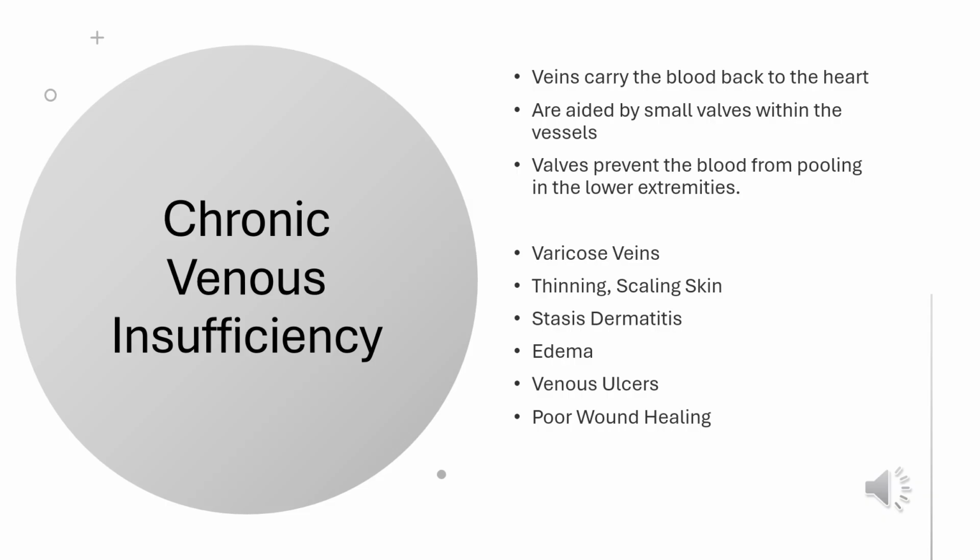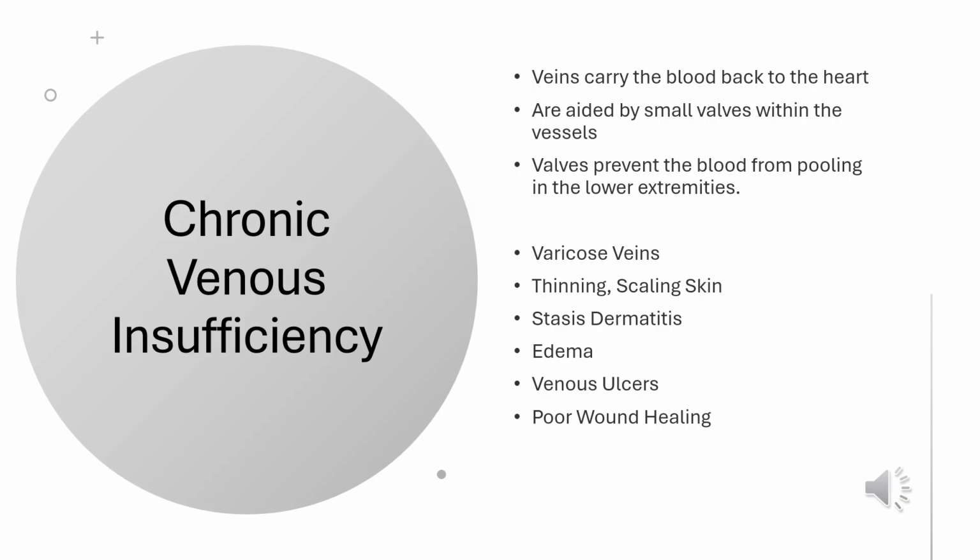Understanding the physiology and the pathophysiology is really important to understanding how we treat this. You may see varicose veins, venous stasis, distension of the veins, thinning and scaling of the skin, dusky discoloration, dermatitis, and venous ulcers.